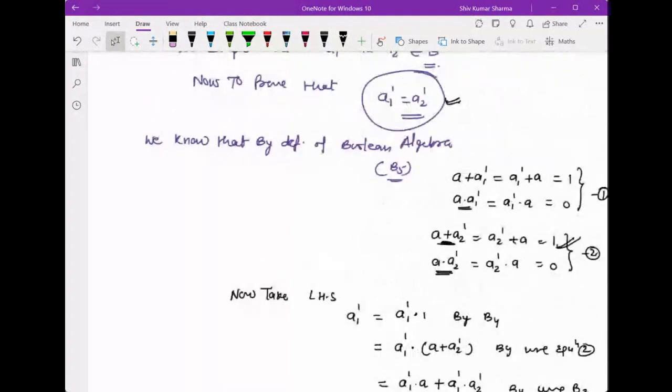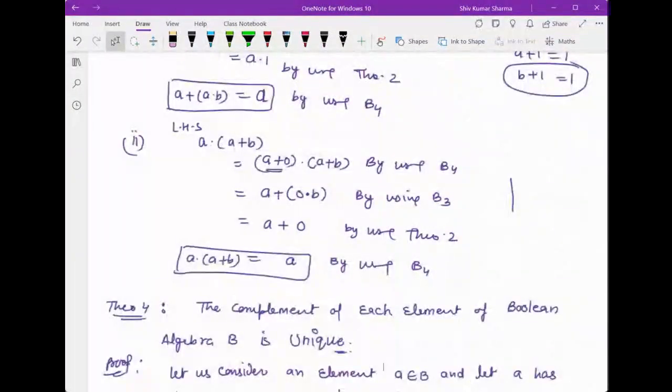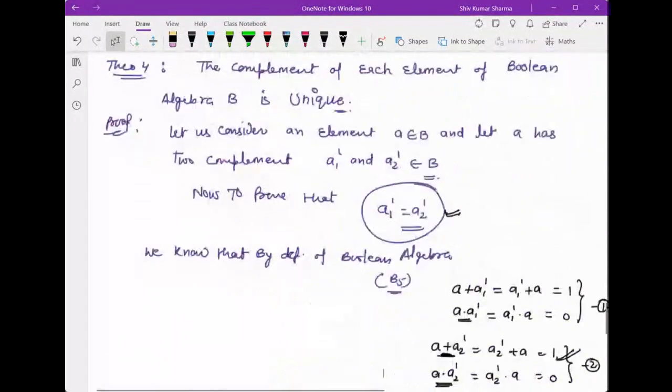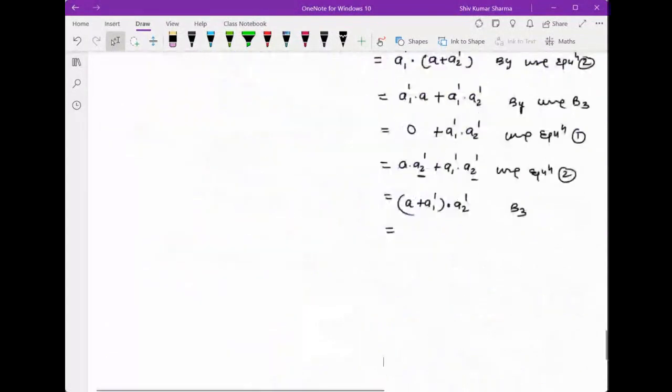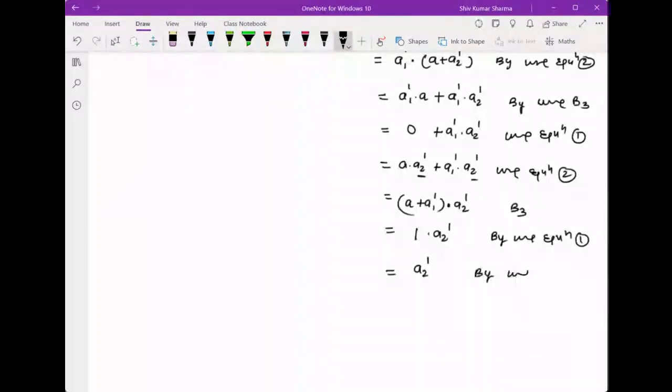So A plus A1 complement by using equation number 1 is 1. So A plus A complement is equal to 1. So 1 into A2 complement. So 1 into A2 complement equals A2 complement, using B4. So we can say that A1 complement equals A2 complement.